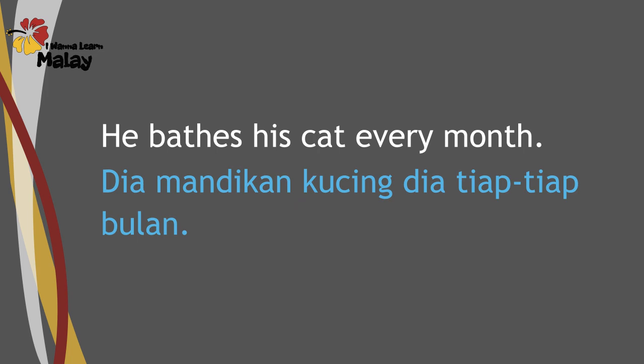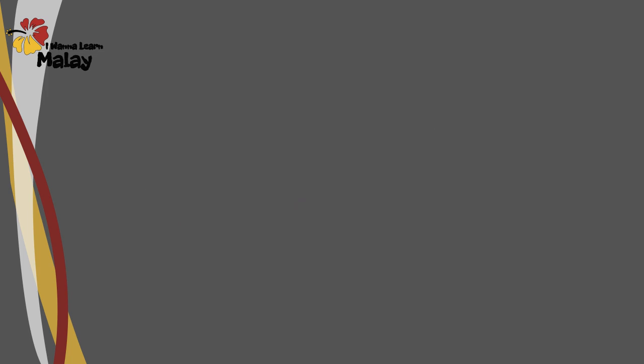Without the kan at the end of mandi, it's to shower or to bathe himself. So a sentence like dia mandi tiap-tiap bulan means that he showers every month. There's a difference between whether the action is on the person himself or onto another person or thing.